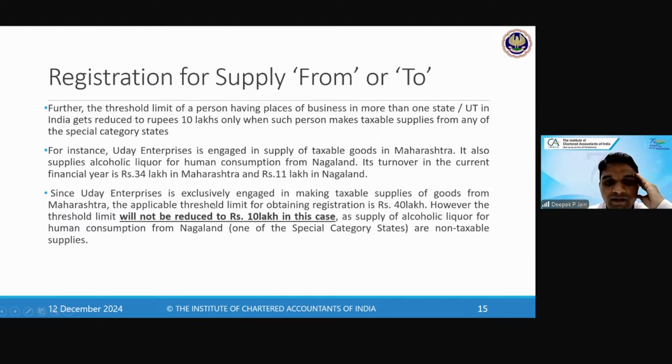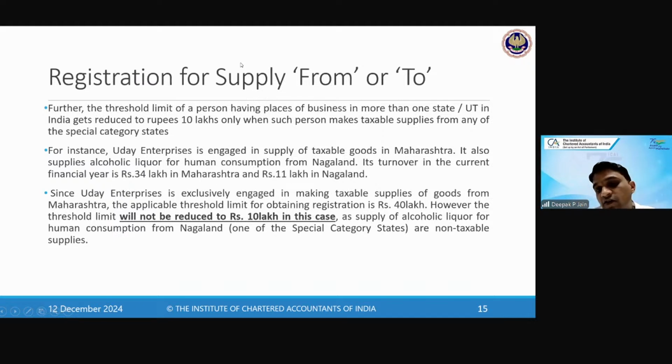Same thing. Uday Enterprises is exclusively engaged in making taxable supply of goods from Maharashtra. The applicable threshold limit is 40 lakhs. However, the threshold limit will not be reduced to 10 lakhs in this case, as supply of alcoholic liquor for human consumption is a non-taxable supply. So in that case, we had to reduce, but in this case, from Nagaland itself, registration is not required.